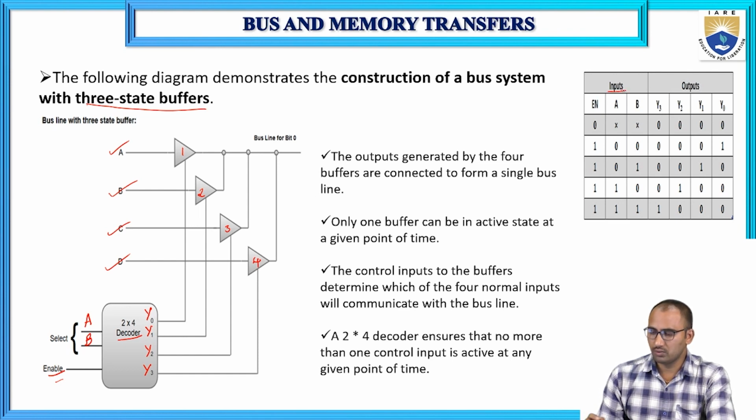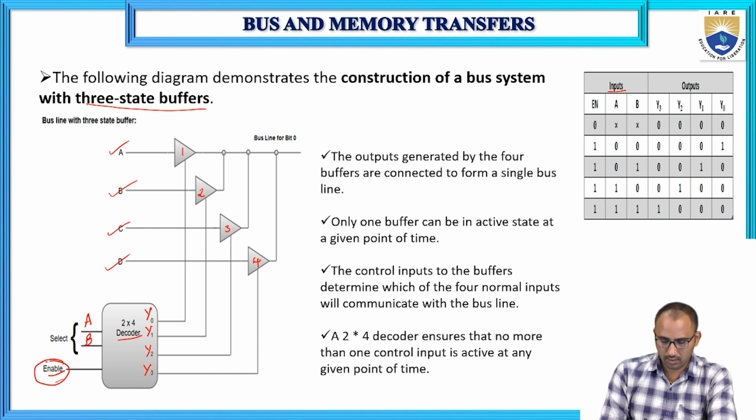What are the inputs? The inputs are enable, A and B, and the outputs are the 4 outputs, Y0, Y1, Y2, Y3.